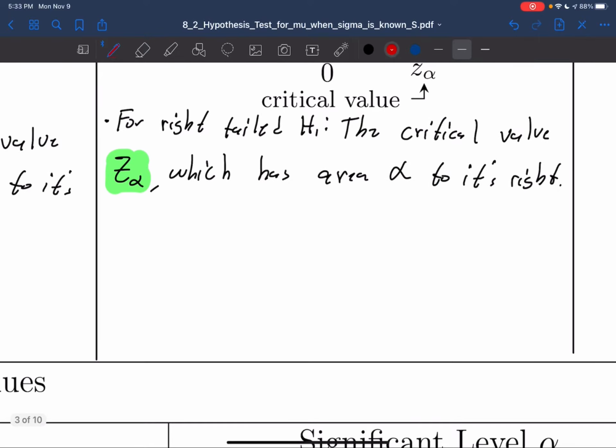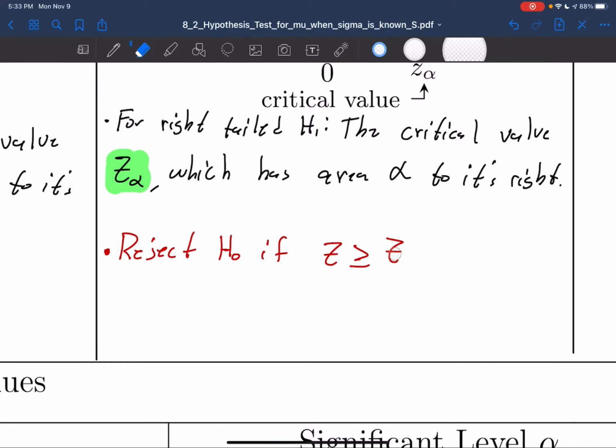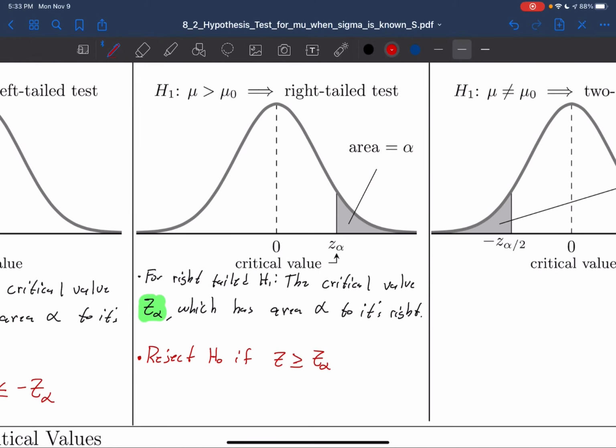And here we reject our null hypothesis H sub 0 if our test statistic is greater than or equal to our critical value z of alpha. And again, this is what a right tail test is: mu is greater than some value, mu sub naught.